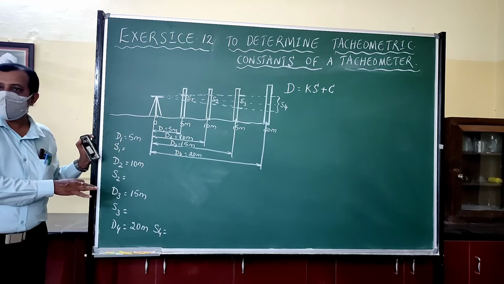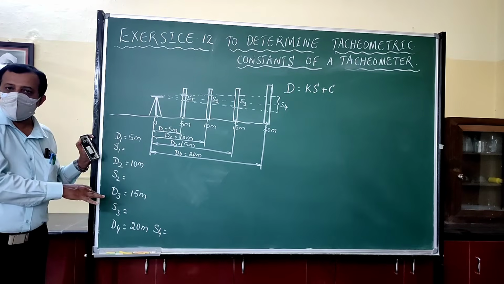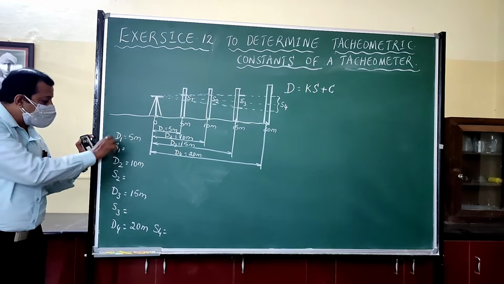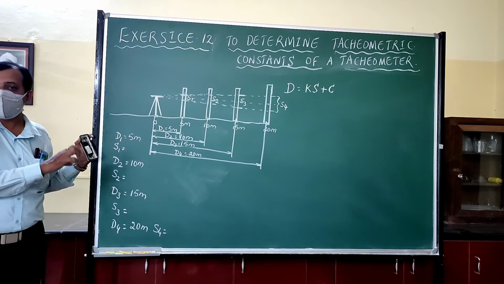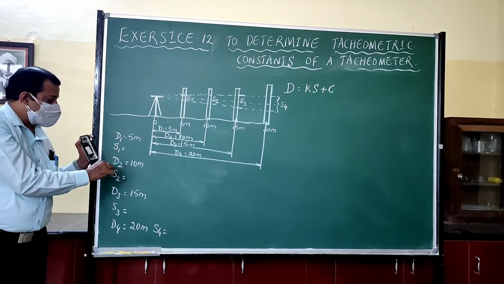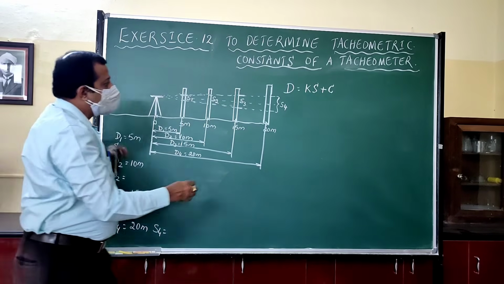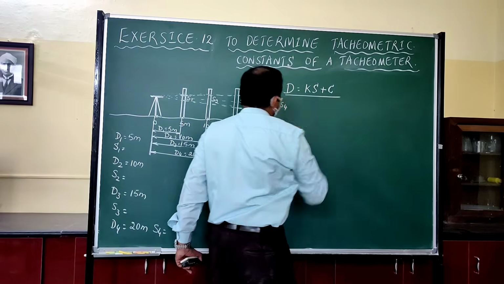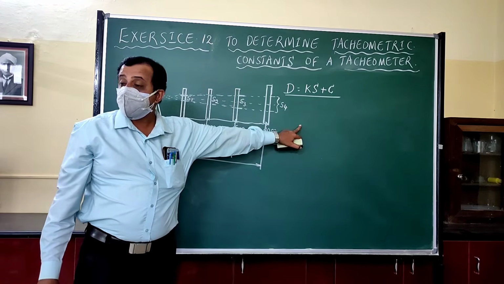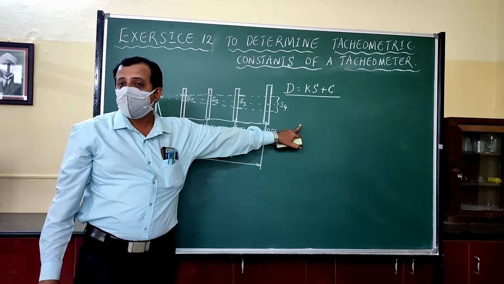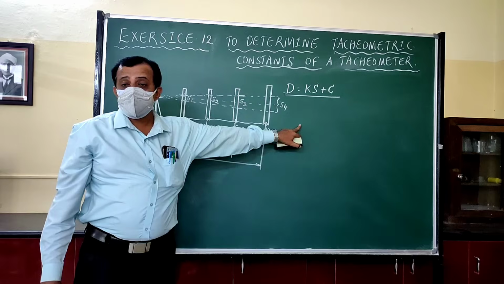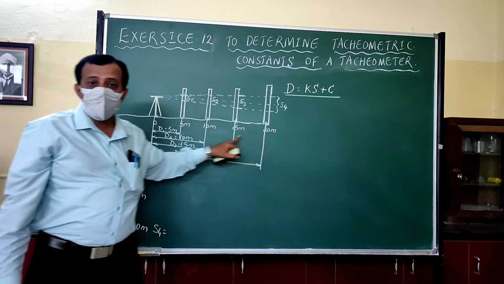After making all the observations, we are going to prepare two sets of simultaneous equations. Right? We are going to form simultaneous equations using the formula D is equal to Ks plus C. We will frame the simultaneous equations, solve them, and then find K and C. So let us do the calculations after obtaining the field data.